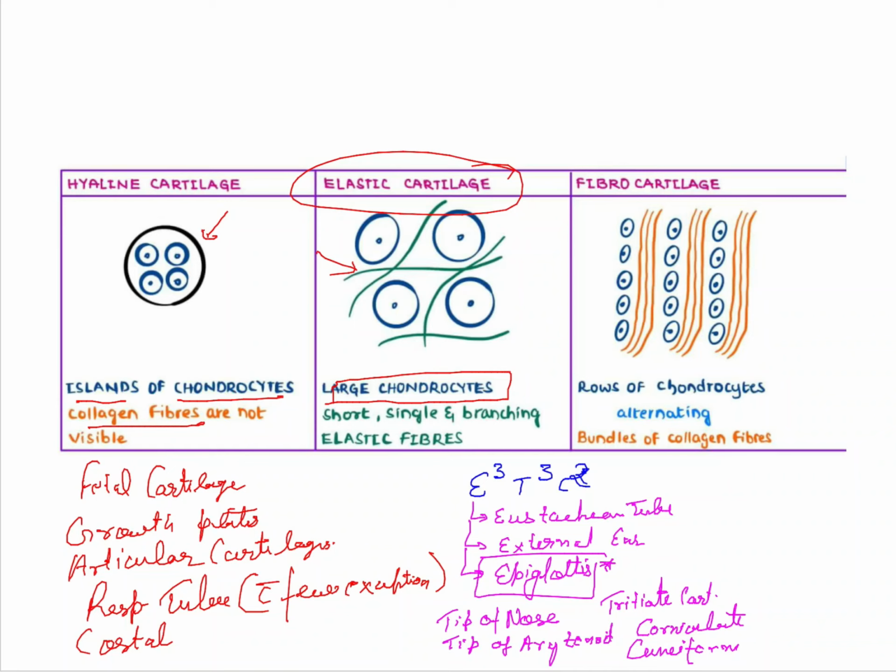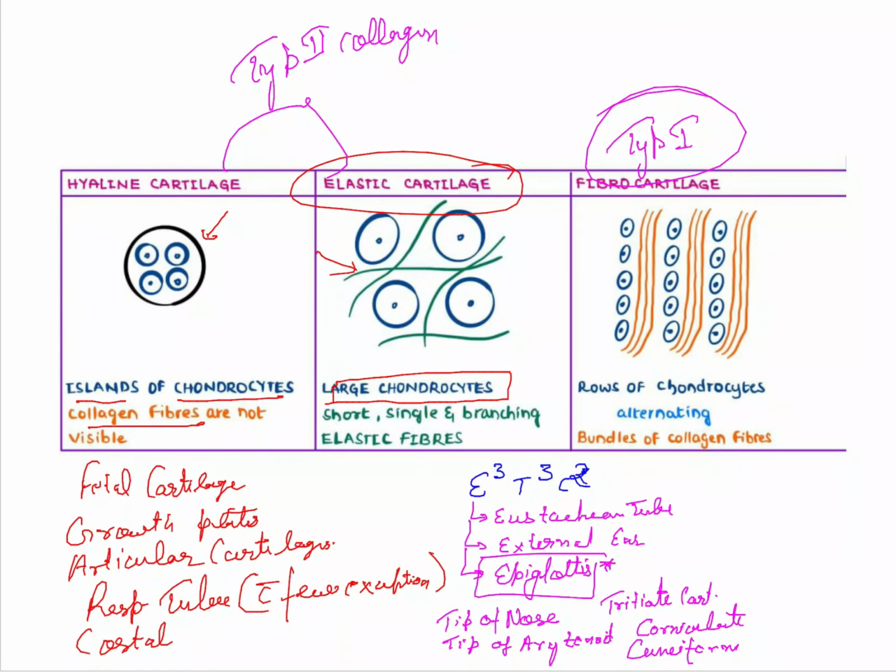Then we have the fibrocartilage. A very important thing about the fibrocartilage is that it contains predominantly type 1 collagen fibers, while the hyaline cartilage and the elastic cartilage both have predominantly type 2 collagen fibers. That is going to differentiate the hyaline and elastic cartilage from the fibrocartilage. Very important differentiating features histologically: there will be rows of chondrocytes.